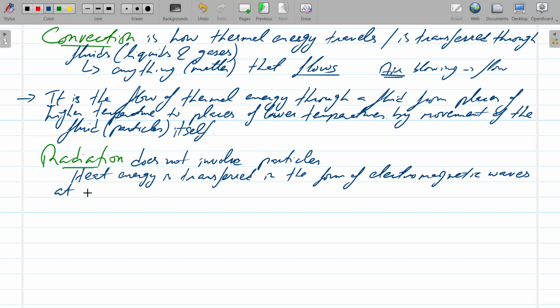It's occurring at the speed of light. Well, actually not the speed of light. Electromagnetic waves, these guys, have the speed of light. The radiation in this case is infrared radiation.